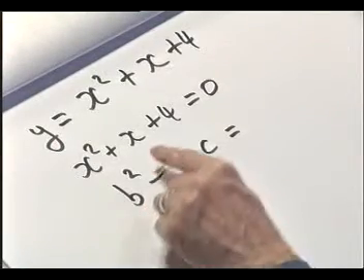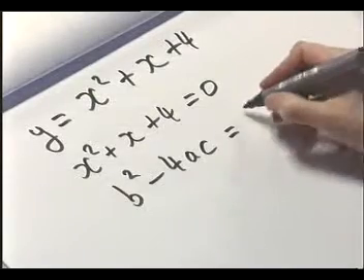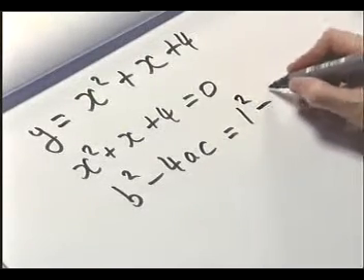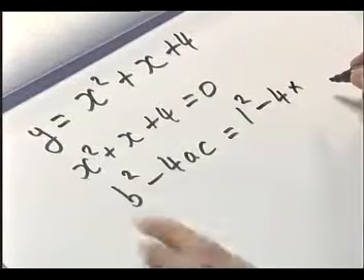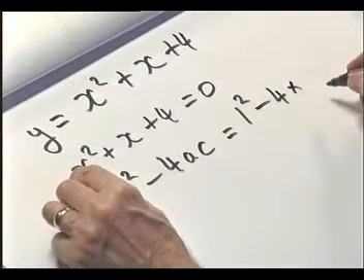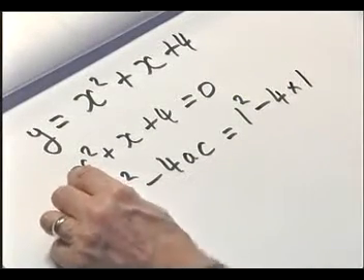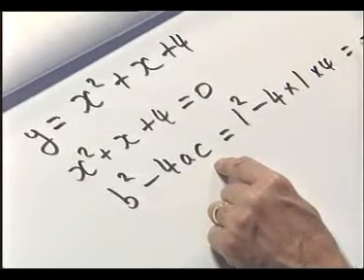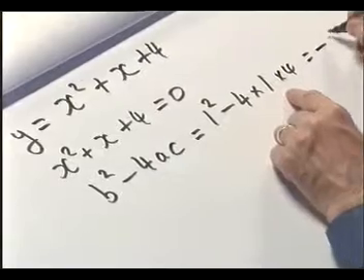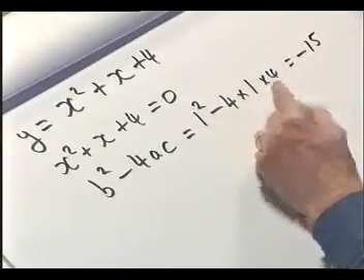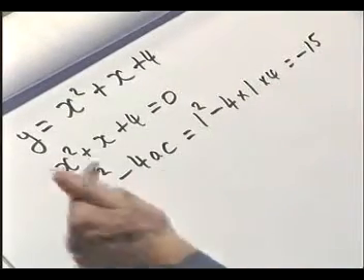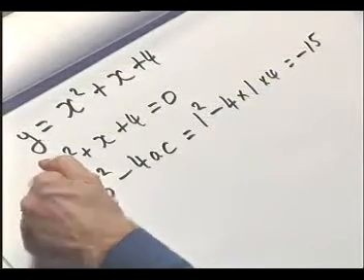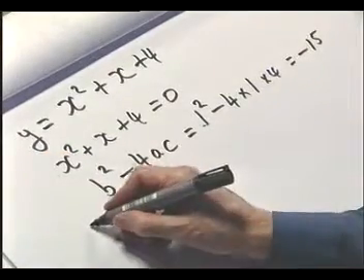So b squared, well, there's 1x, so b is equal to 1, so that's 1 squared minus 4 times a. Well, a is 1 because there's 1x squared, and c is 4. Well, that's 1 minus 16 is minus 15. It's less than 0. There are no roots for this equation, so it doesn't meet the x-axis.